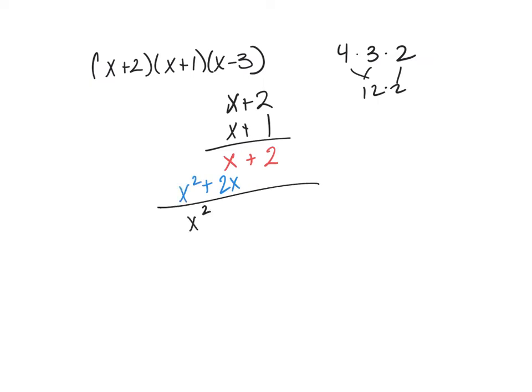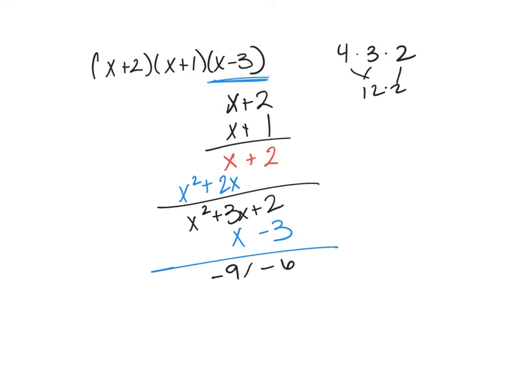So now I have x squared plus 3x plus 2, and we're going to multiply that times the last one, x minus 3. And then it's negative 3 times 2 is minus 6. Negative 3 times 3x is negative 9x. And negative 3 times x squared is negative 3x squared. So remember, it's negative 3 times the 2, negative 3 times the 3x, negative 3 times the x squared, and then x times 2, x times 3x, and x times x squared.